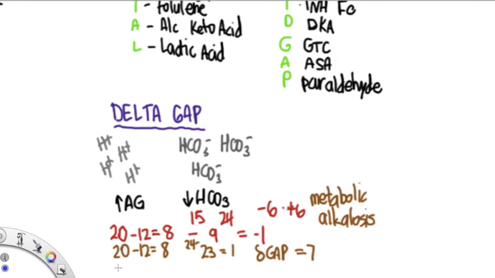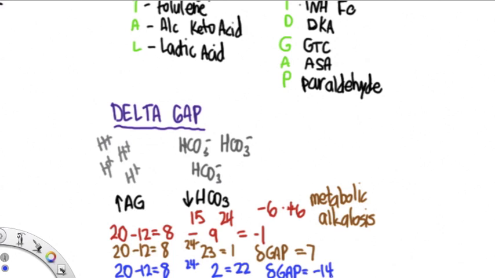Let's take another example. Say again the anion gap is 20, but this time the bicarb is 2. So the anion gap minus 12, we have a delta anion gap of 8. And our delta bicarb is 24 minus 2 equals 22. So our delta gap is 8 minus 22, and that's -14.